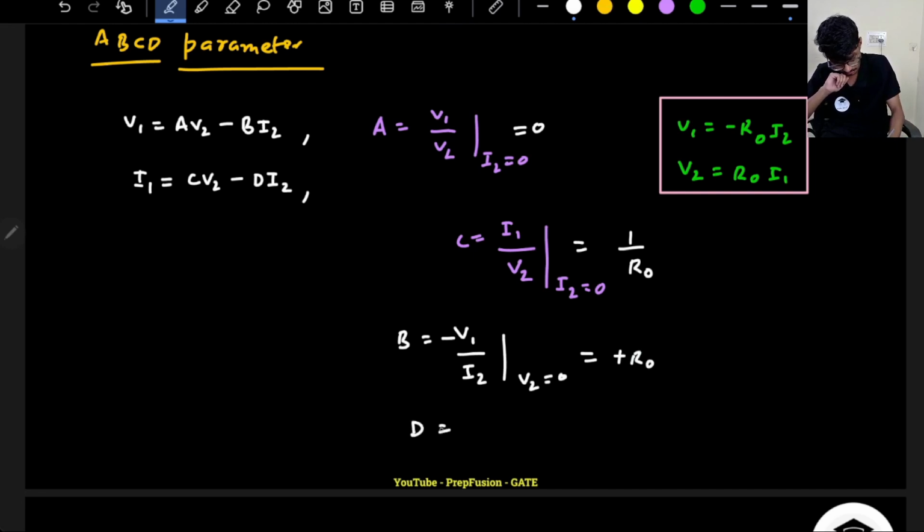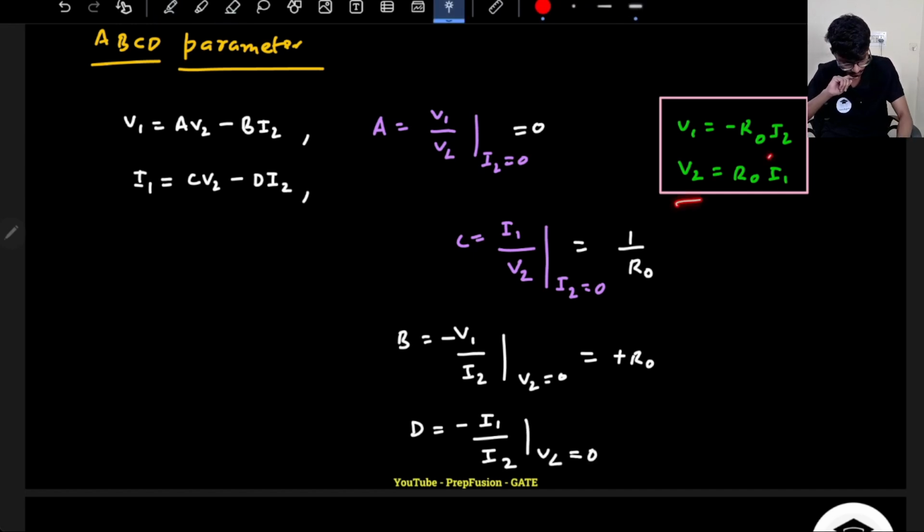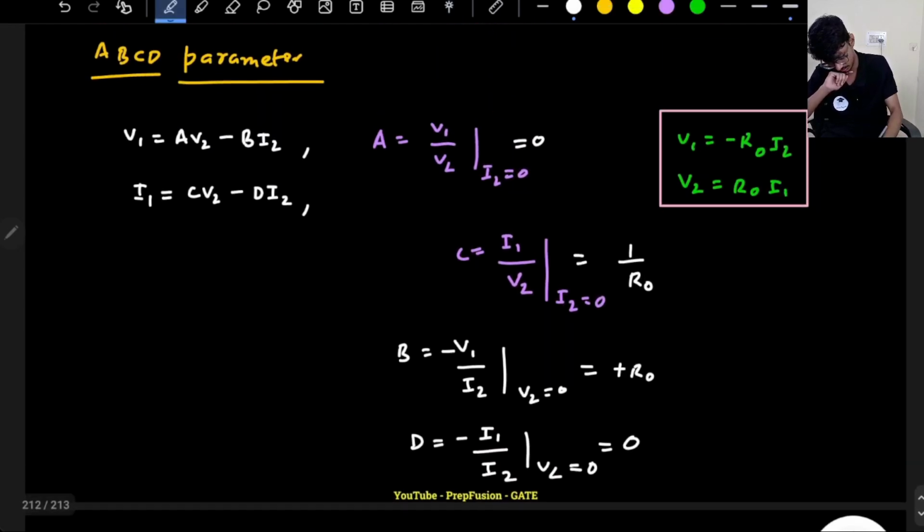D is minus of I1 divided by I2. When my V2 is 0, I1 will also be 0. So ultimately this will be 0 only. D will be 0.